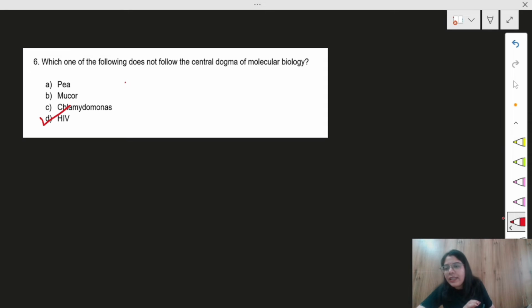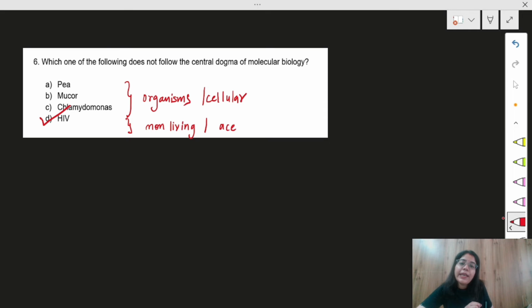You just see that if you consider these, at least they are organisms. They are at least cellular. This is a common character. And HIV is non-living. This is acellular, no cell-like structure, right?